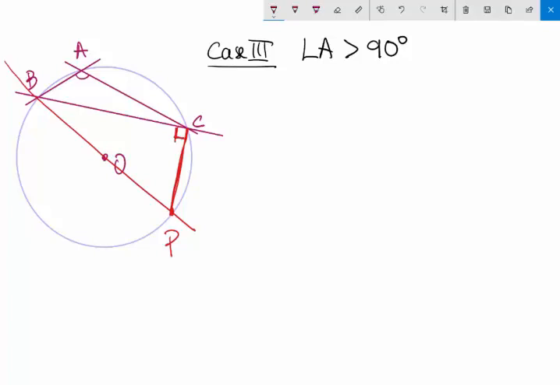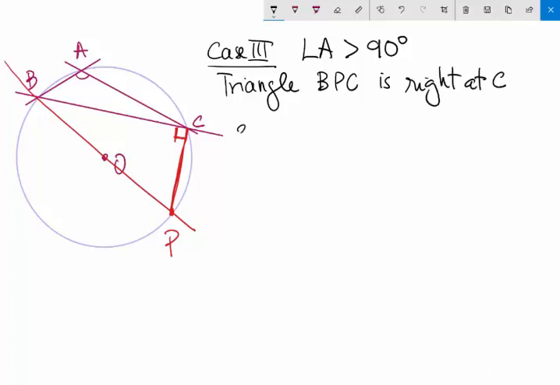Again, it must be right at C. So triangle BPC is right at C. Now sine of P would be opposite over hypotenuse. Opposite here is little a over 2R.